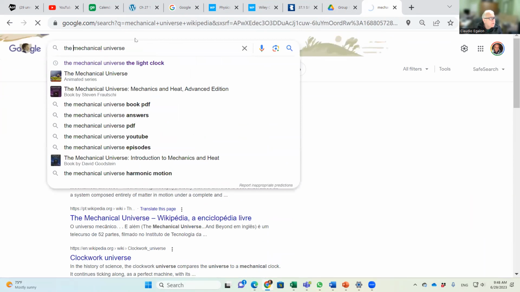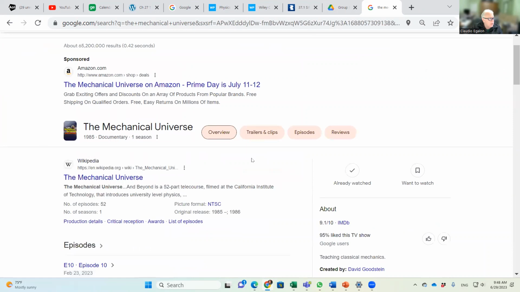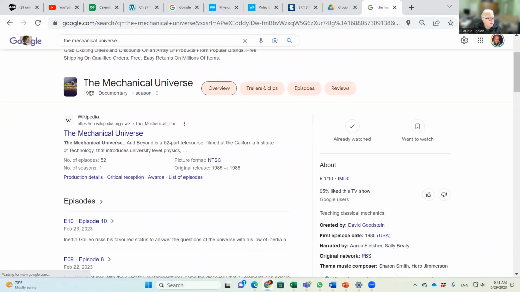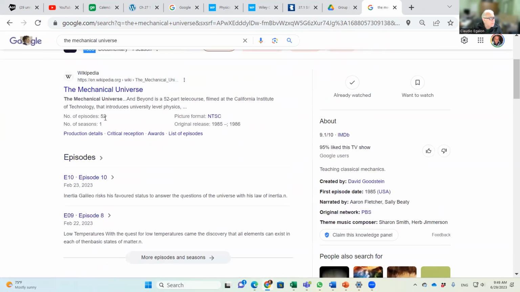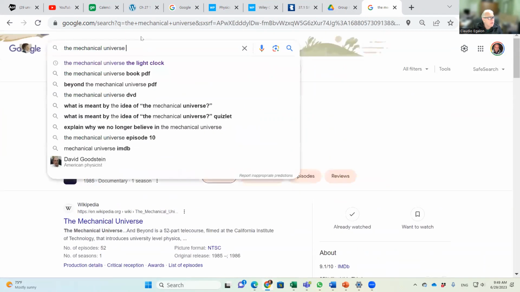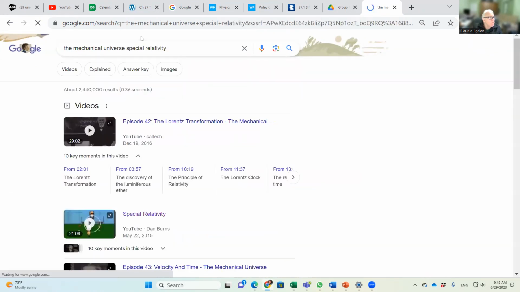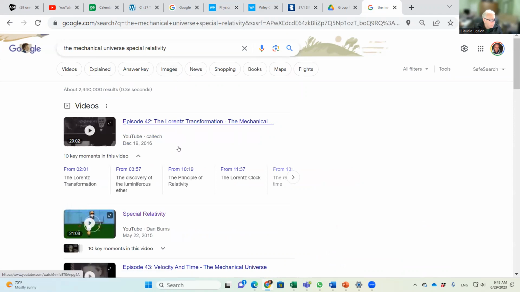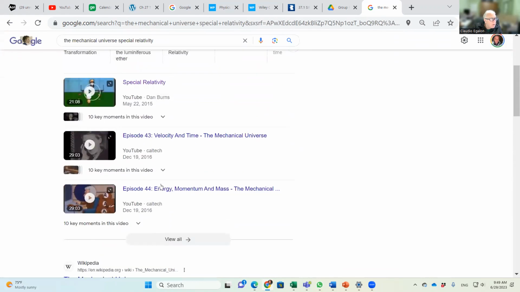I want to see the episodes, the Mechanical Universe animated series. Okay, 1985. That's how old this series is. Special relativity. The Lorentz transformation, and then we have the special velocity and time, 43, 42.